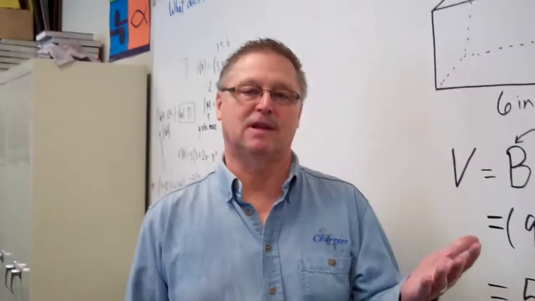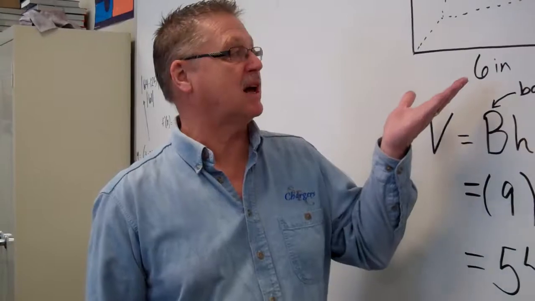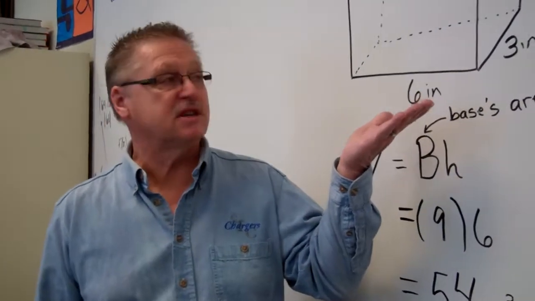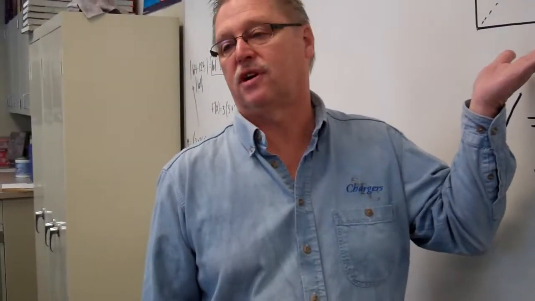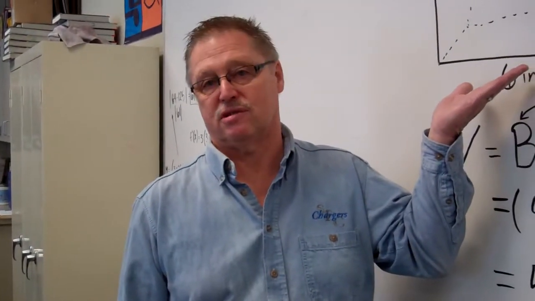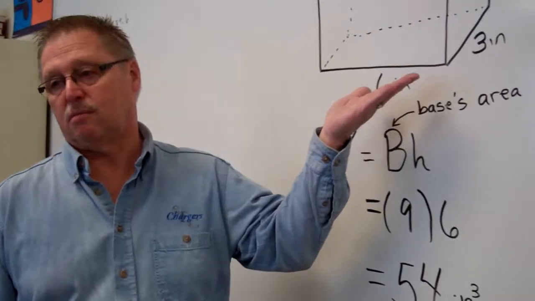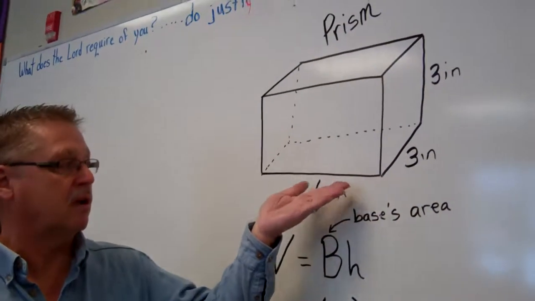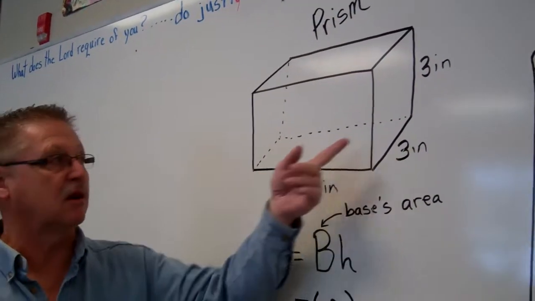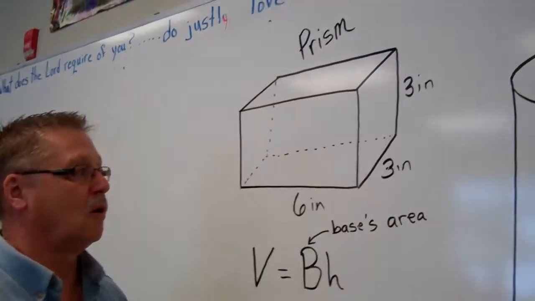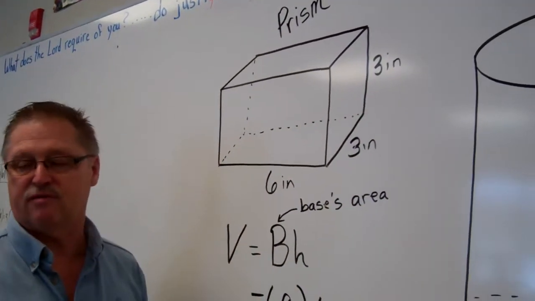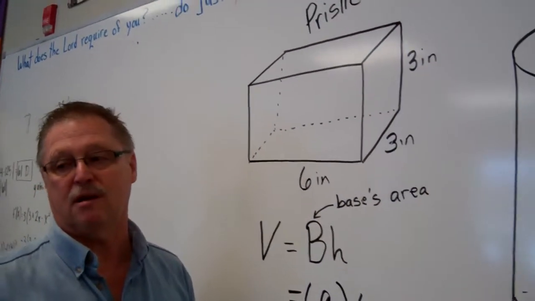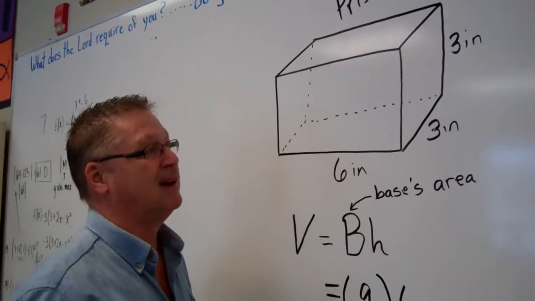I would like to explain that the reason Dave spotted this first is because he is a master of seeing various base options. On this original problem, he saw that you could call this 6 by 3 down here the base and go with 3 as the height. Or as he chose, you could call the 3 by 3 the base and go with the 6 as the height. It's his gift for seeing it different ways that made him see the answer to this problem.